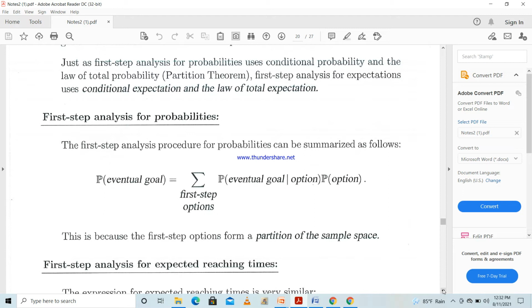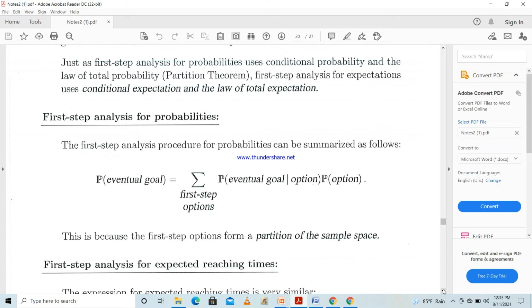In the gambler's ruin, we were interested in the event where you get ruined, or in other words, where you end up with zero cash in your hand. So we have a particular goal, and we were interested in calculating the probability of that particular event.